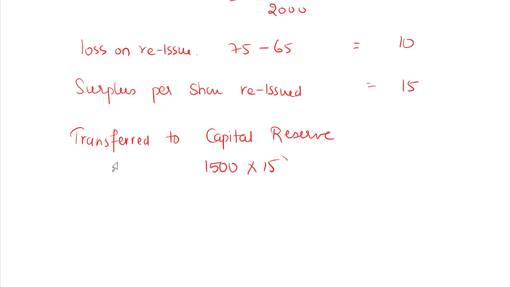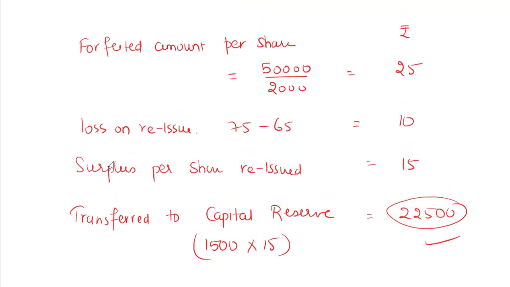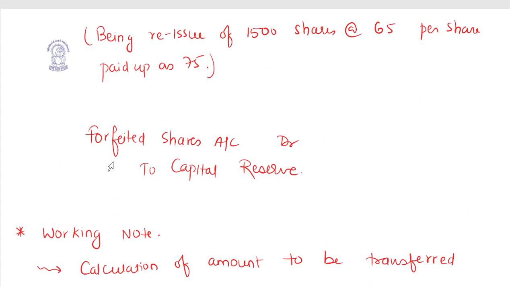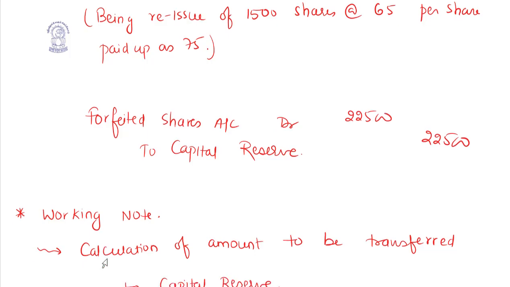On 1500 shares, 15 rupees, that is 22,500. Put it in the journal entry, 22,500. I believe you understood this. Let us move ahead.